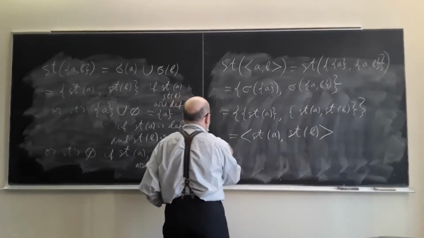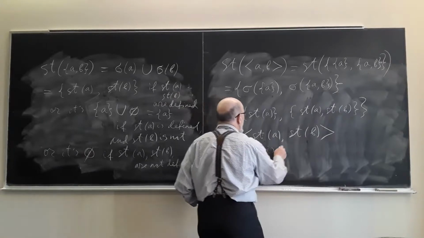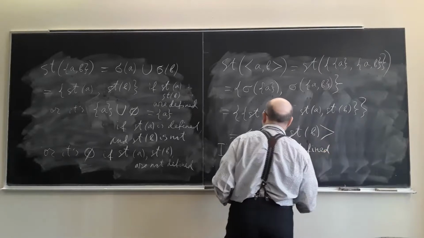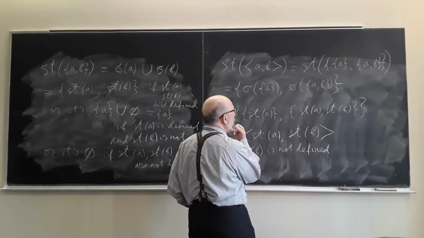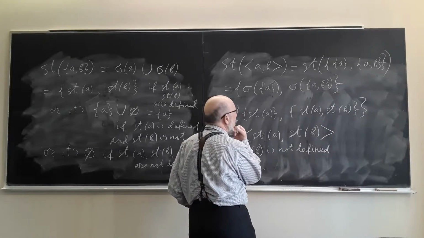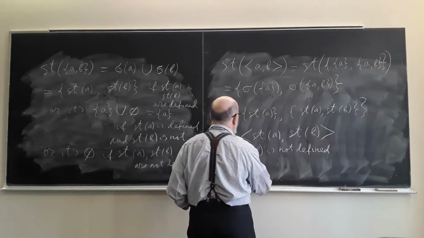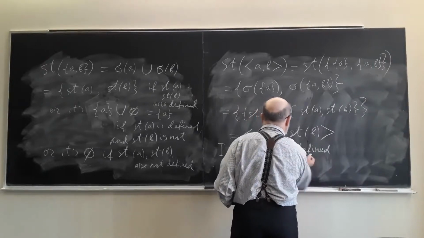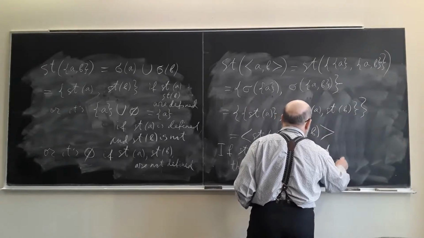So if standard of B is not defined, then we get standard of A and the empty set.